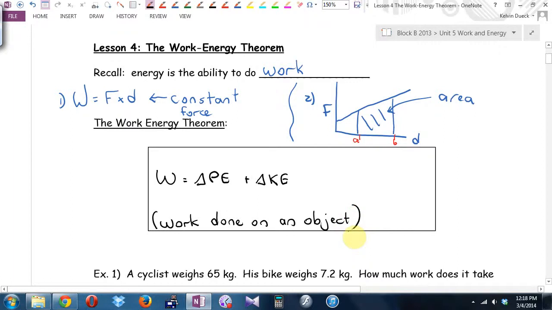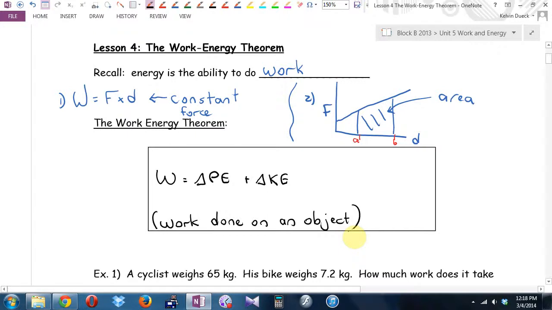If you want to find out how much work was done on an object, whatever potential energy it gained or lost, plus whatever kinetic energy it gained or lost, that's how much work was done. That's our third definition of work. When do I use that? If I don't see a graph and if I don't see a force or a distance mentioned.